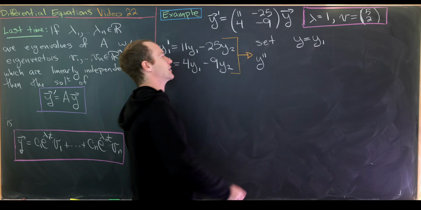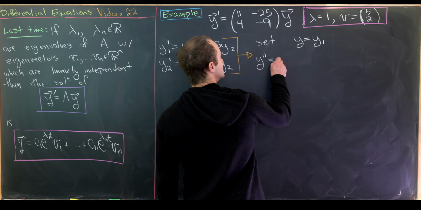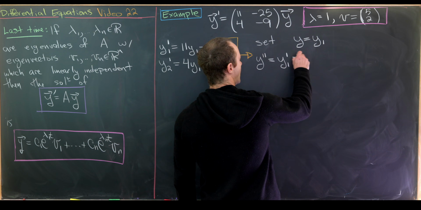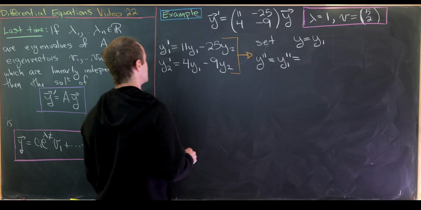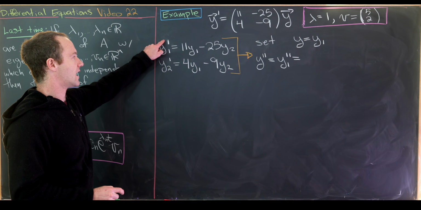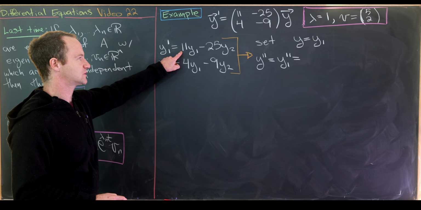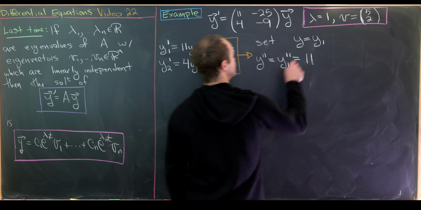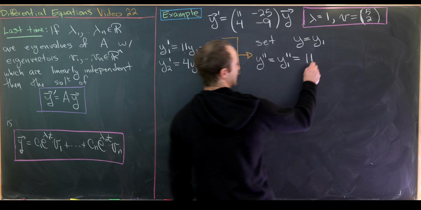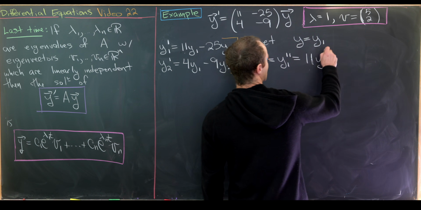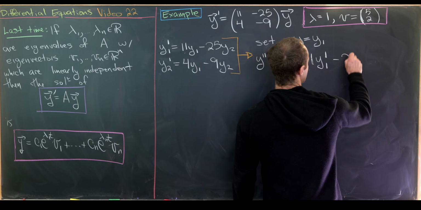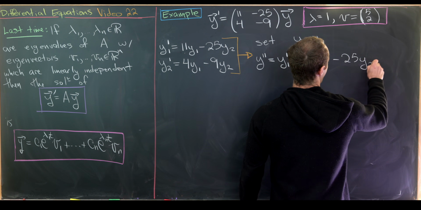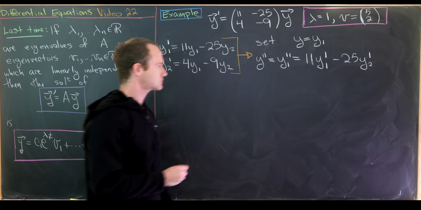Okay, so let's calculate y double prime. So notice that's the same thing as y1 double prime, but now we know y1 prime is this 11y1 minus 25y2, so that means we can set this equal to the derivative of this right-hand side using linearity. So that'll be 11y1 prime minus 25y2 prime.